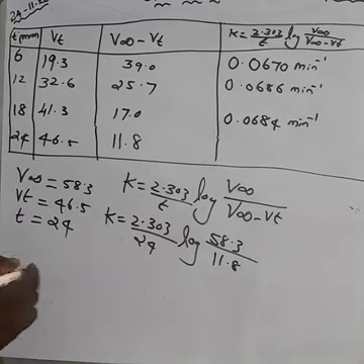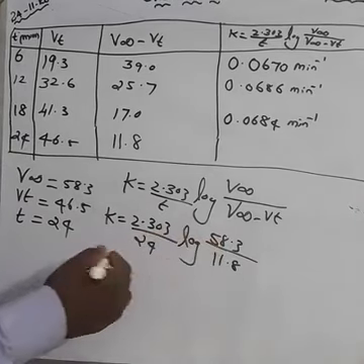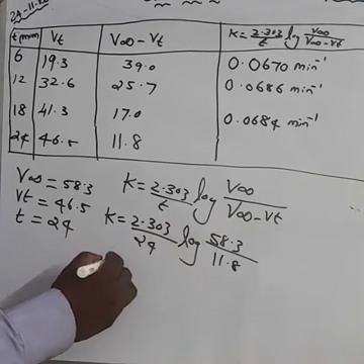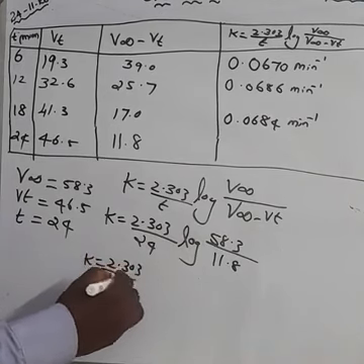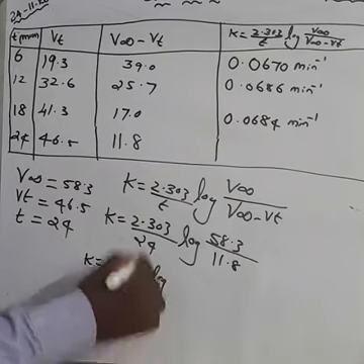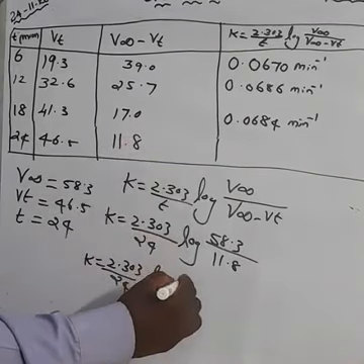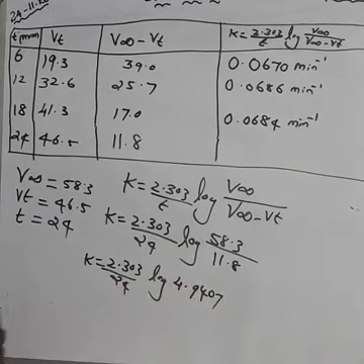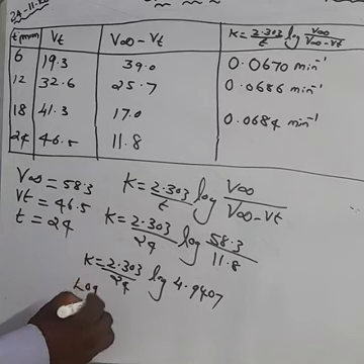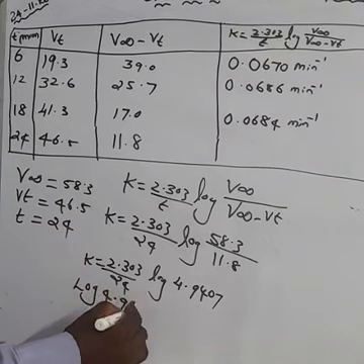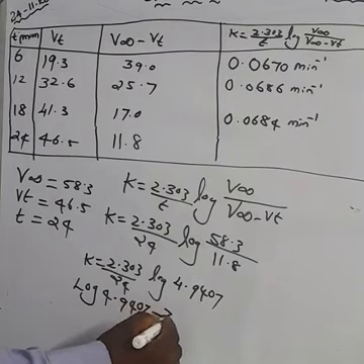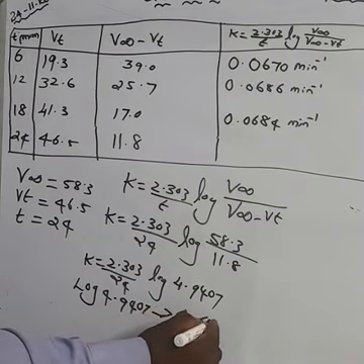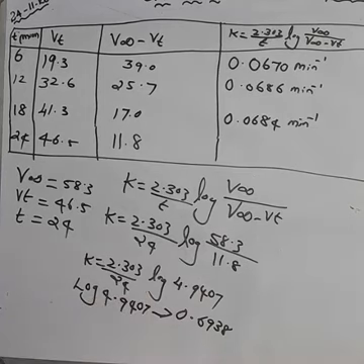Next one. When we are dividing 58.3, what's the answer? K is equal to 2.303 divided by 24 log of 4.9407. Log 4.9407 is 0.6938. So we shall multiply.